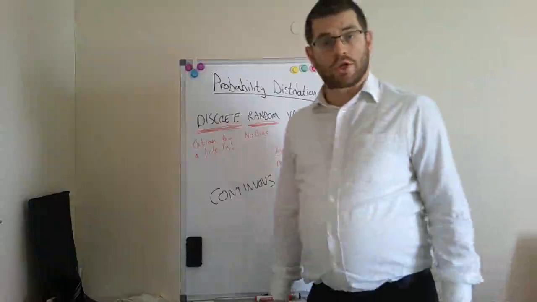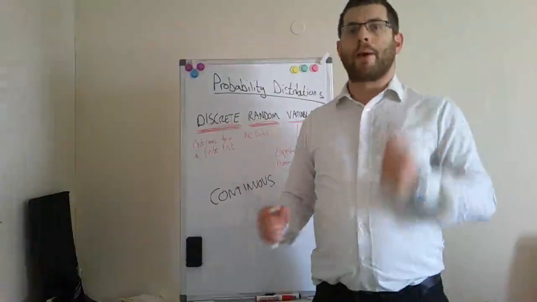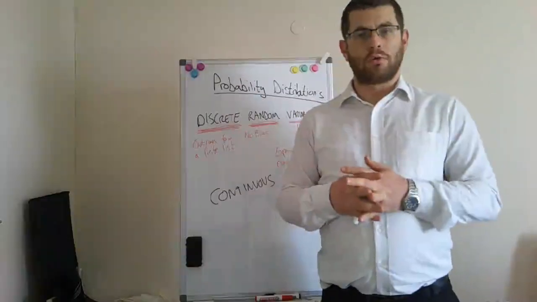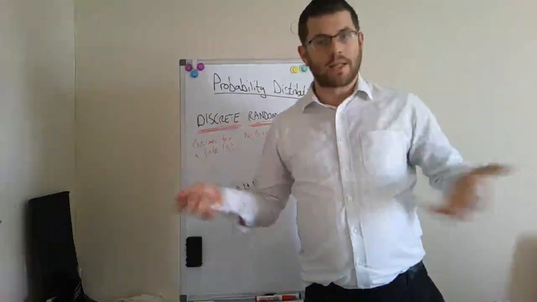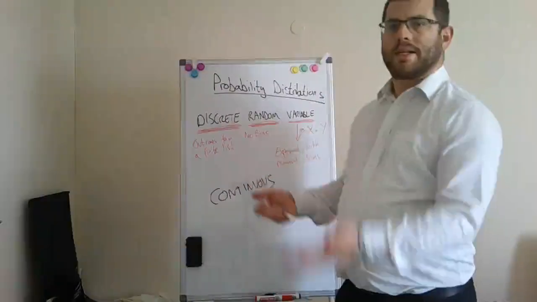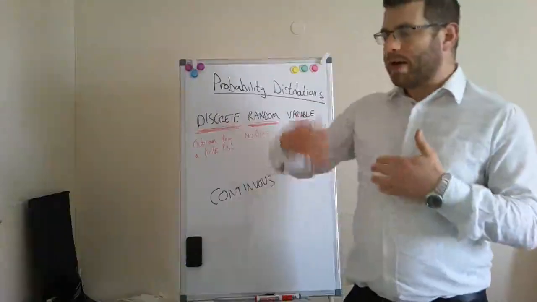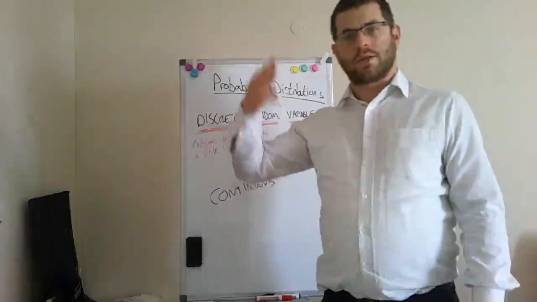But a continuous random variable, for example, would be the weight of a baby. When babies are born, they have a weight. It's a number. But I cannot write down in a list all the possible weights of babies when they're born. That's not a finite list. I could always be more accurate. I could do it to 2 decimal places, to 3 decimal places.